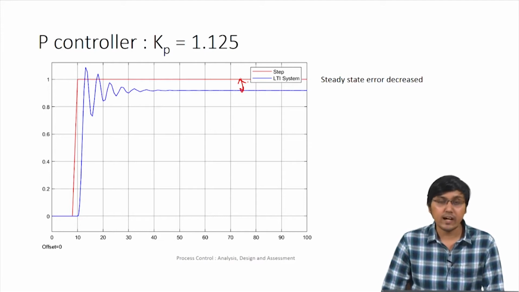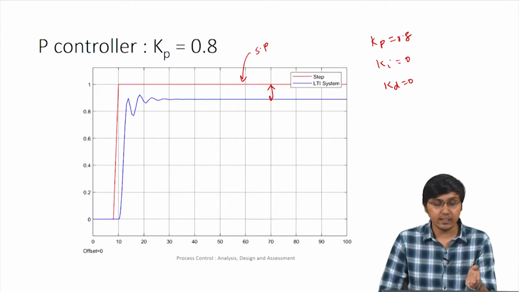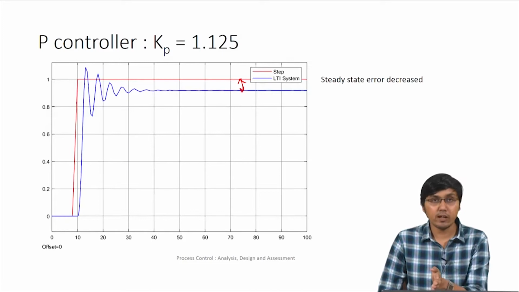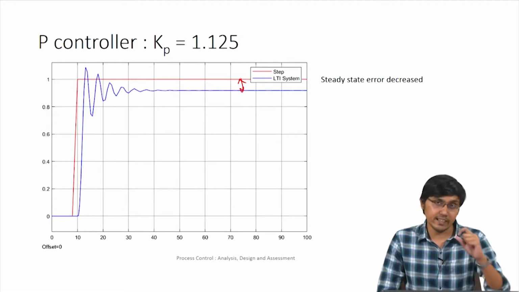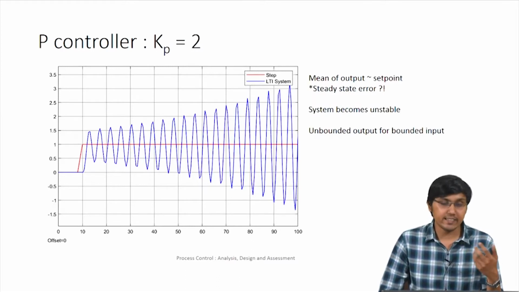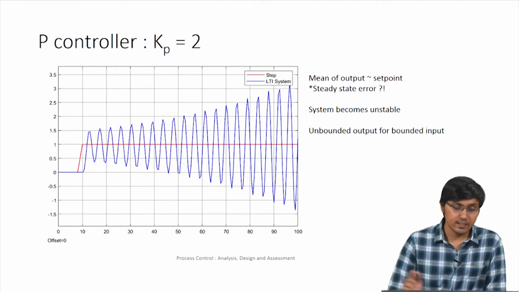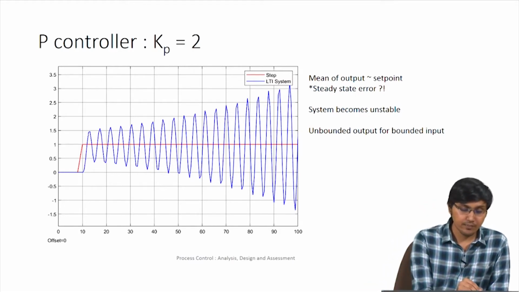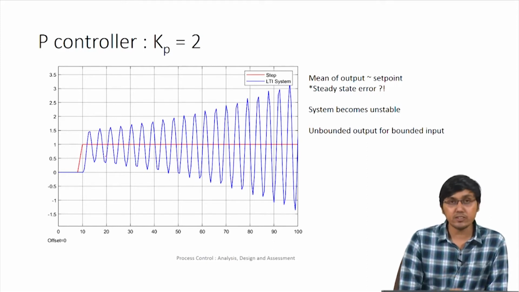Now we have increased Kp from 0.8 to 1.125, and we have seen a decrease in the offset. So why do not we increase it a little more? Let us make Kp equal to 2 and see the response. Interestingly, this begins oscillating; the system goes unstable.